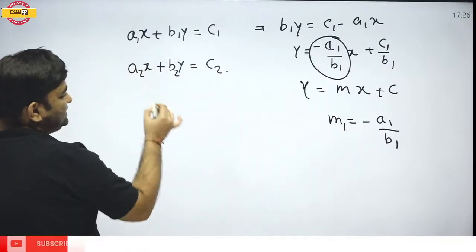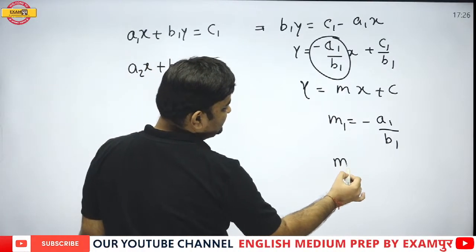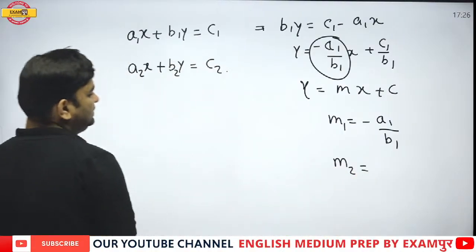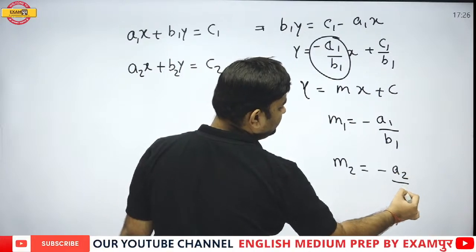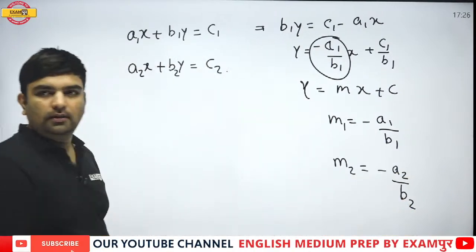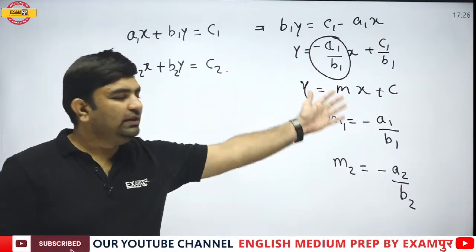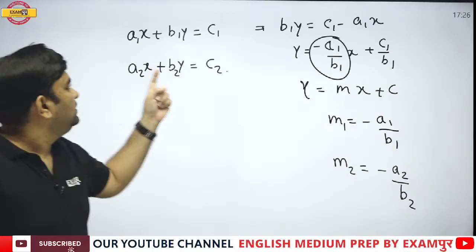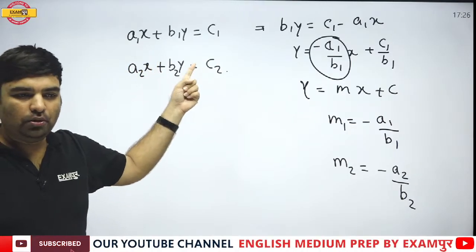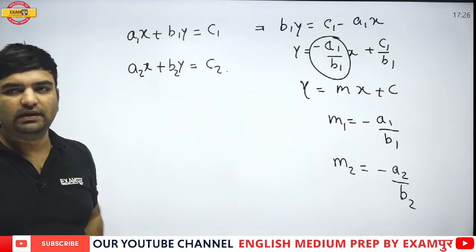Can I say the slope of the second line is minus a2 upon b2 for sure? You should not be doing this, guys. You should be directly writing the coefficient of x upon coefficient of y with the negative sign.